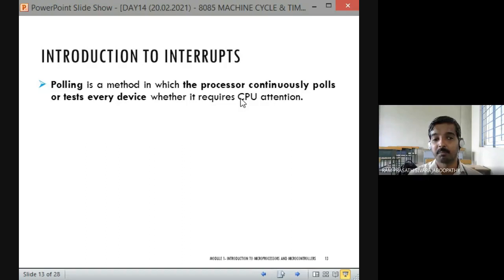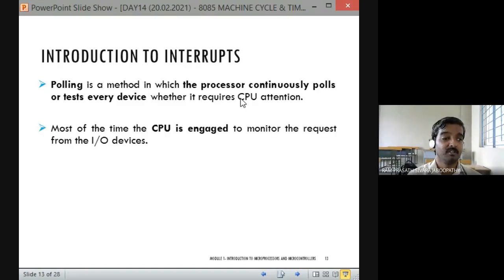So polling is a method of servicing the IO device such that the CPU is asking all the devices whether you need any service to perform. No, next device. No, next device. Yes, it has to be serviced, then it will go with the next device.